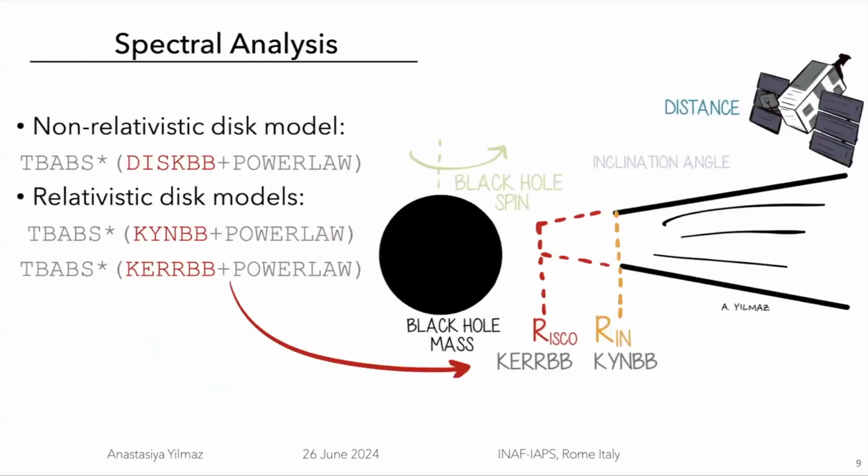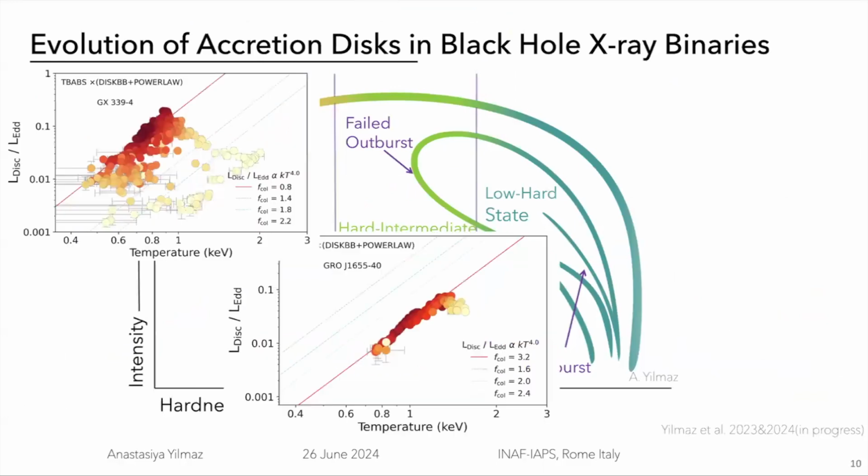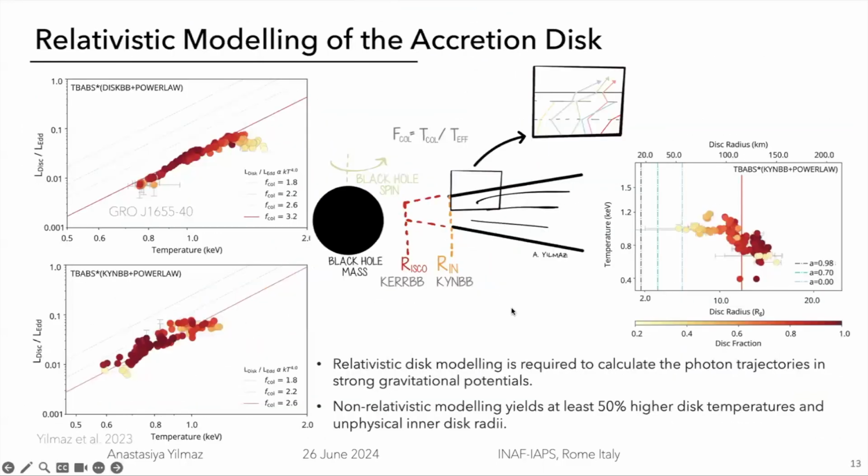For example, I will show it in the case of KYNBB, that even in the case of the closest that you get to the black hole, this actually does not go to ISCO. There is some uncertainty, as I said, due to instrumental capabilities, but it will really depend on how well you can put your trust that it actually goes there.